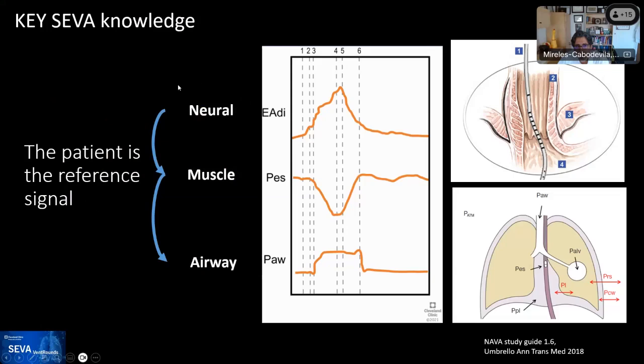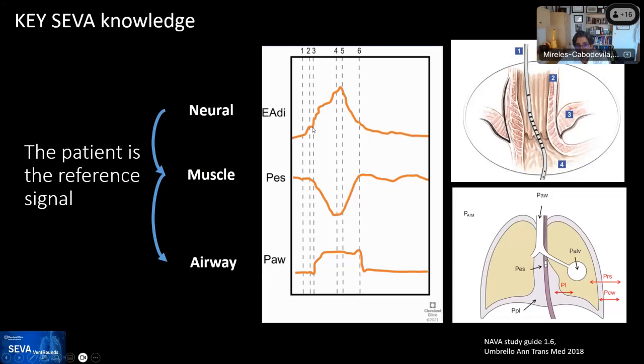So to start, just remembering that the patient is the reference signal, the signal that we can capture now from the brain, the closest that we can get it currently is from an EMG. And there's different ways to get that EMG, but now the most practical for us and commercially available is to do the electrical activity of the diaphragm. And although this doesn't look like an EMG per se, if you have seen an EMG, it looks like a spindle on its own.